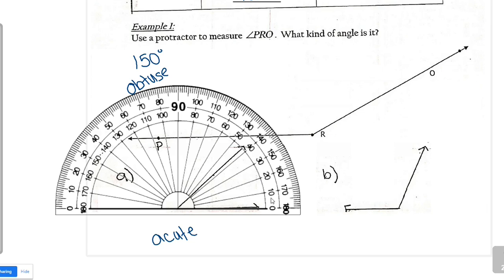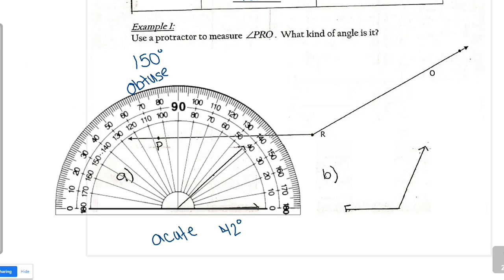We get to 40, but it's a little past 40, but not quite halfway. So let's say 42. And we're always going to have degrees with it. Sometimes we have to estimate where it is just by looking at the angle itself.